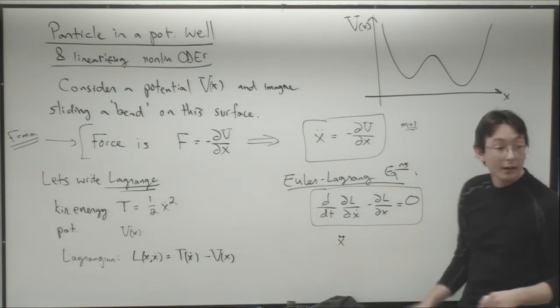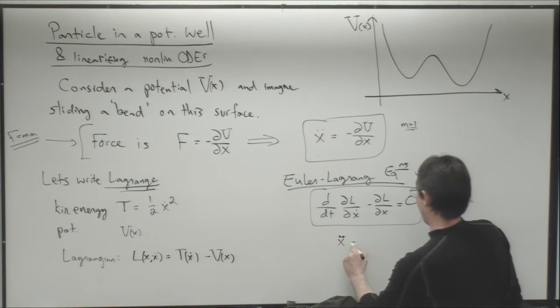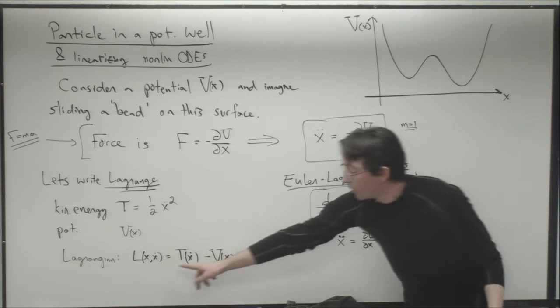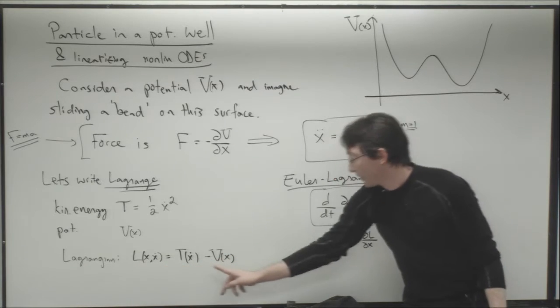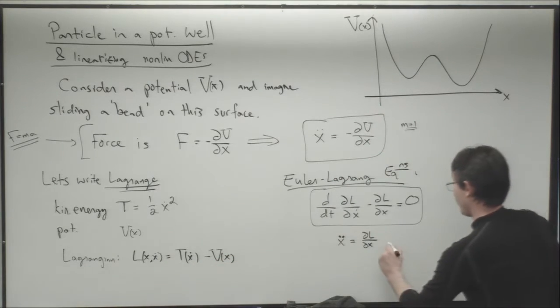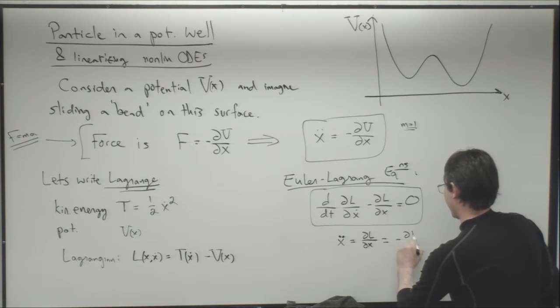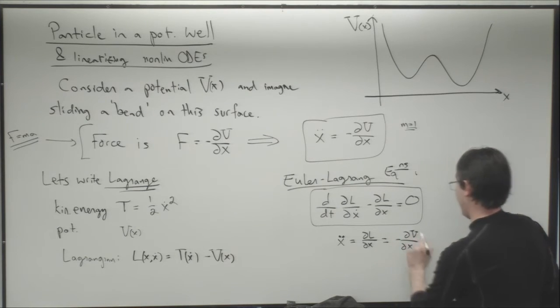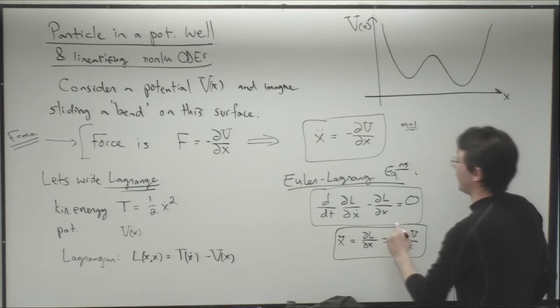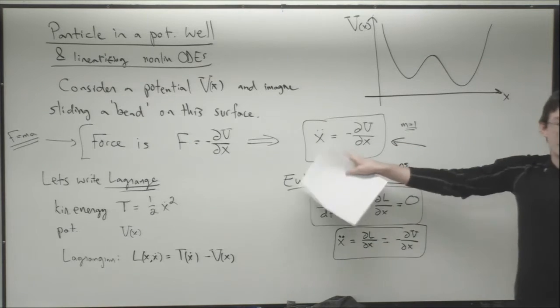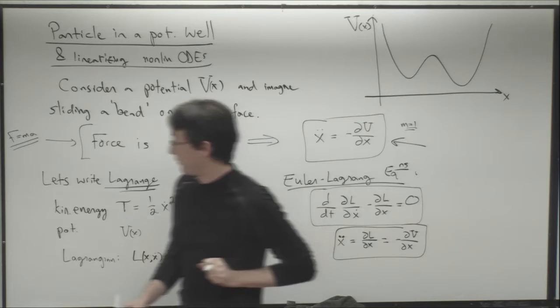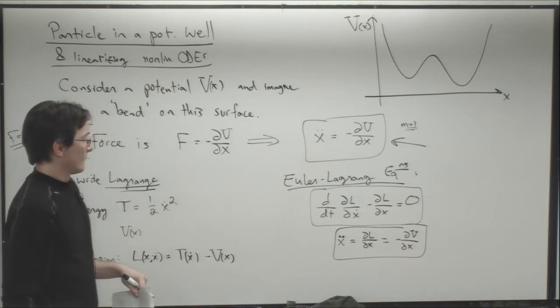So I have x double dot equals partial L partial x. But the only part of my Lagrangian that depends on x is my potential. So this equals minus partial V partial x. So this is just another way of getting this equation from the Euler Lagrange equations.